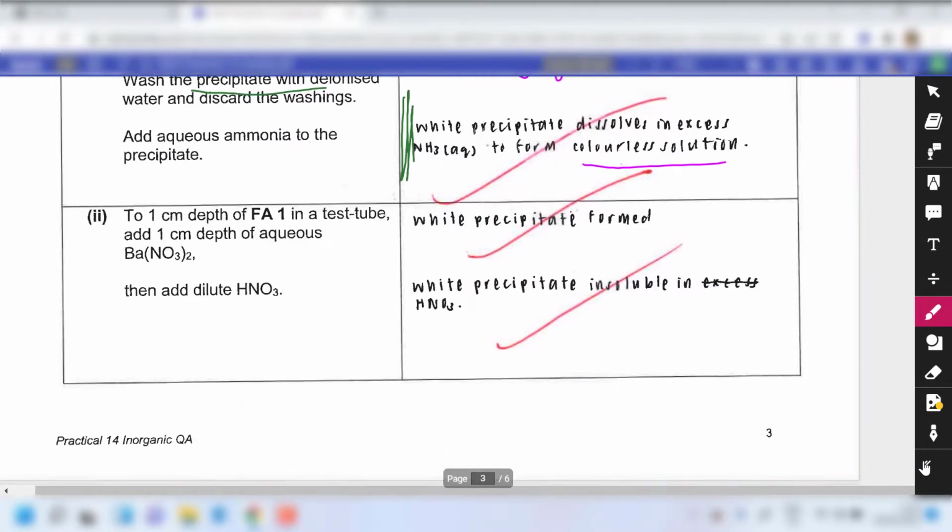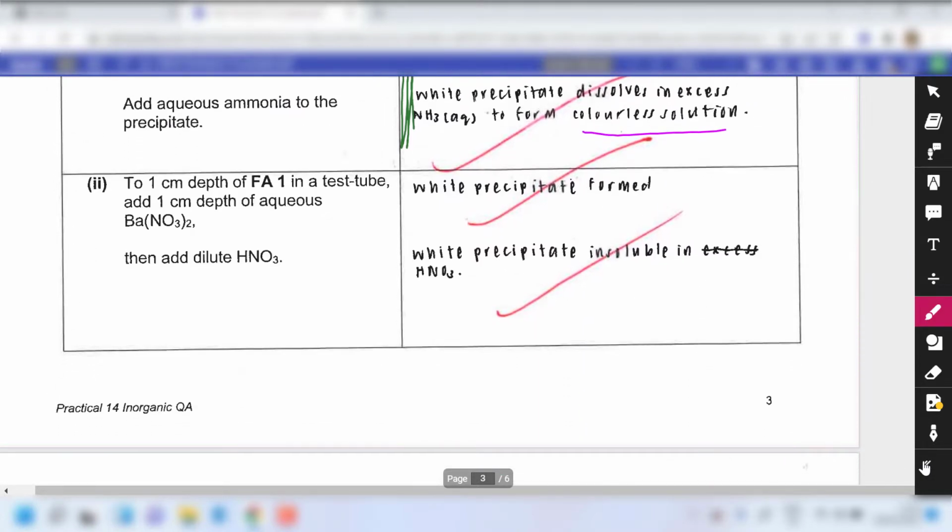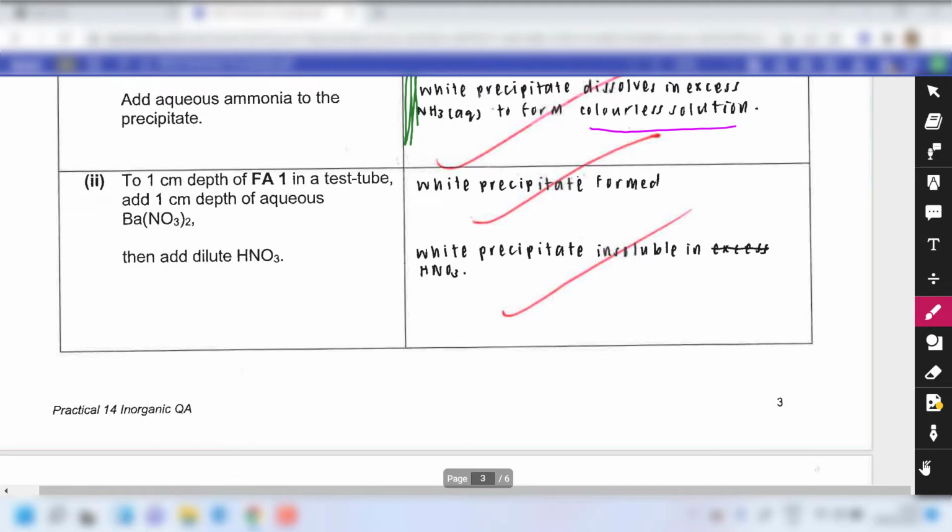Next we are moving on to the test for the next anion. In this case, we are adding barium nitrate. Those of you who remember what you did in secondary school will be aware that the addition of barium nitrate is to test for sulfates. However, for A-level chemistry, barium nitrate can also be used to test for sulfites.